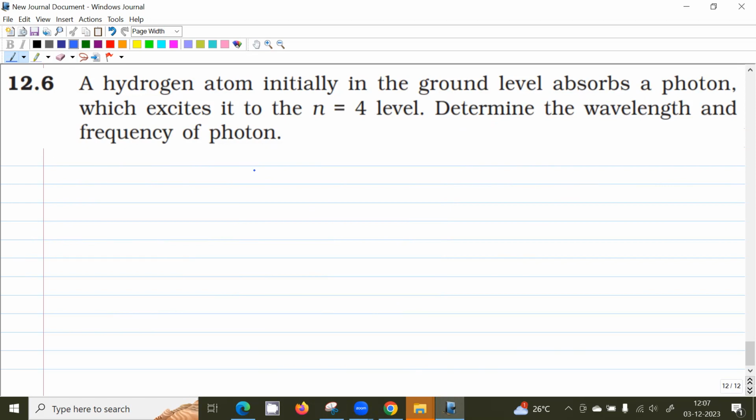It absorbs a photon and is excited to n equal to 4. So the final level is this, and the initial level is the ground level.